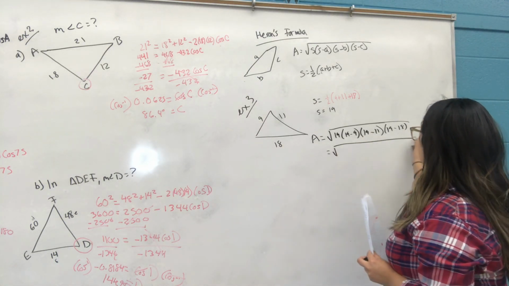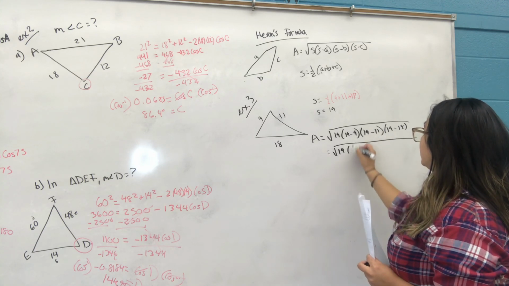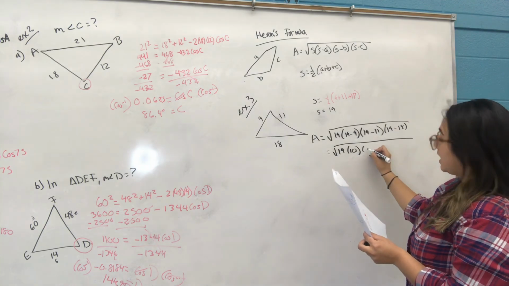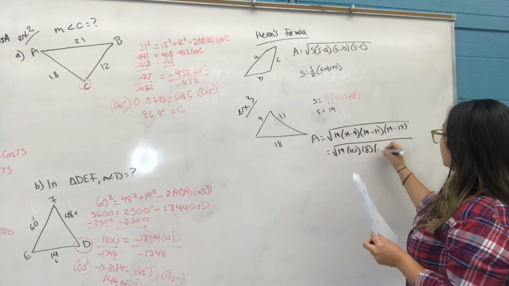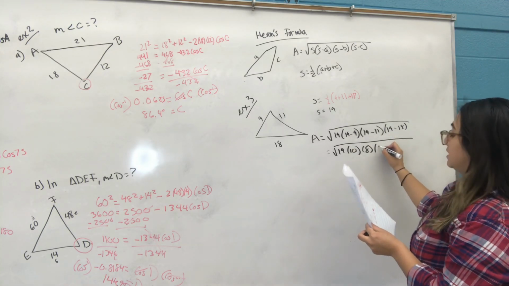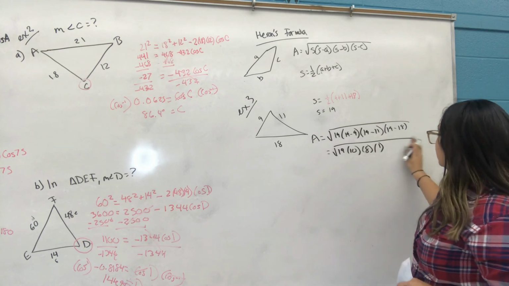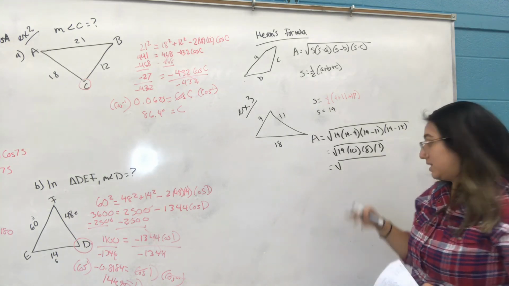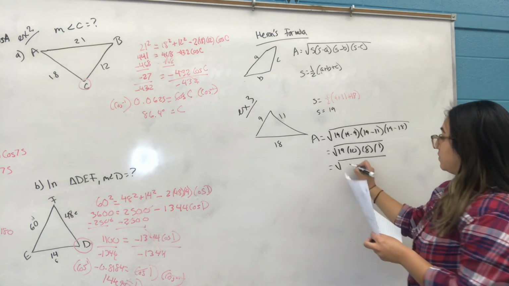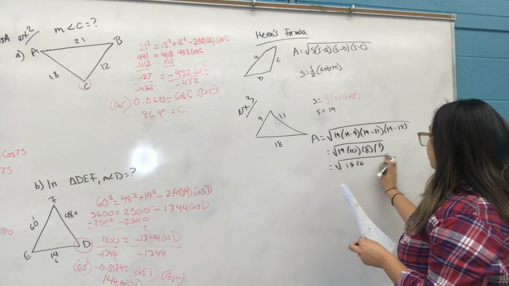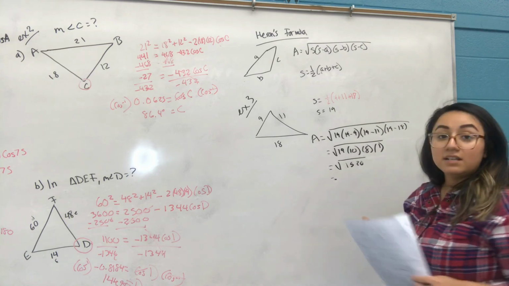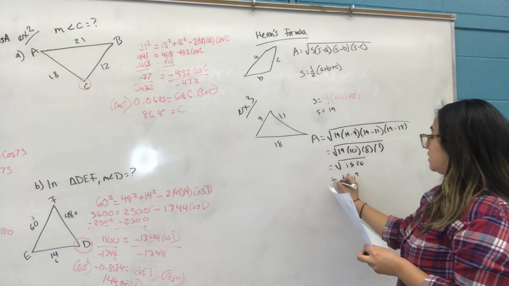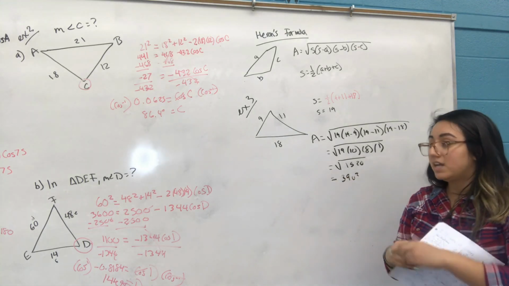So the square root, always bring that square root, 19 times 10, 19 times 8, and here we have 19 times 1. So when we multiply all those three numbers together, so just going step by step, and in the end you're multiplying it all out, you end up with 1,520. And then, again, keep on going, you get about 39. So it's about 39 units squared for the area of that triangle using Heron's formula.